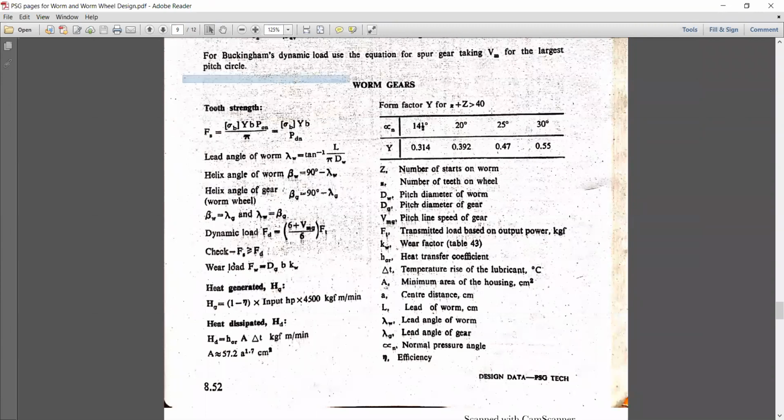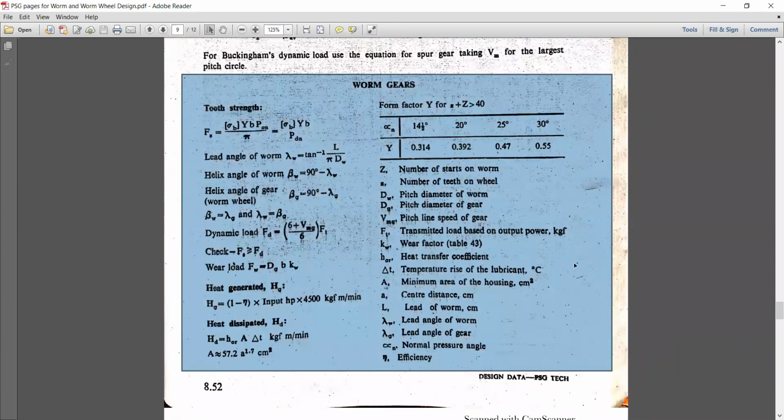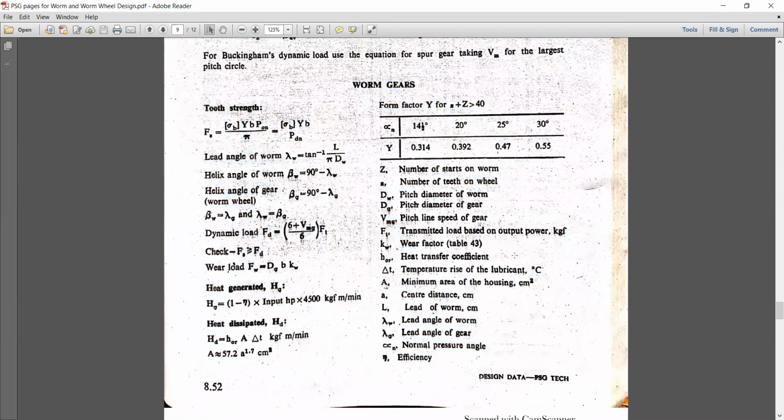So this one is the equations regarding worm gears. Here the equation is given: Fs is equal to sigma b by b p c n divided by pi. Putting the value, what we get is sigma b by p divided by pi dn.